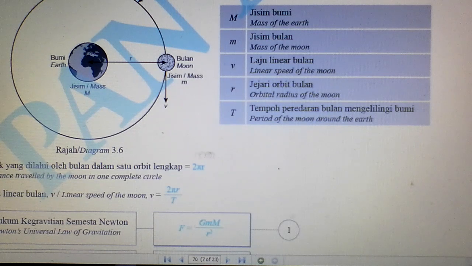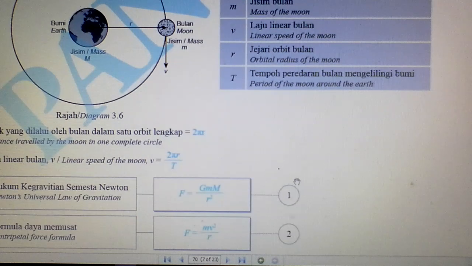This is from maths, so you have 2 pi r. The linear speed of the Moon is equivalent to distance divided by time. The distance for one complete circle is 2 pi r, and the time taken for one complete circle is the period T. So we get v equivalent to 2 pi r divided by T.